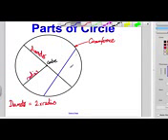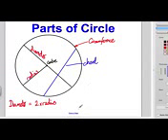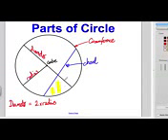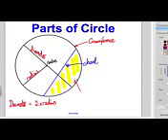It is what we call a chord. This is called a chord. Now, the piece of the circle it leaves here, like this whole piece here, is then called a segment. It's a segment of the circle. There's a small segment. This whole bit left over here is a big segment or a major segment.